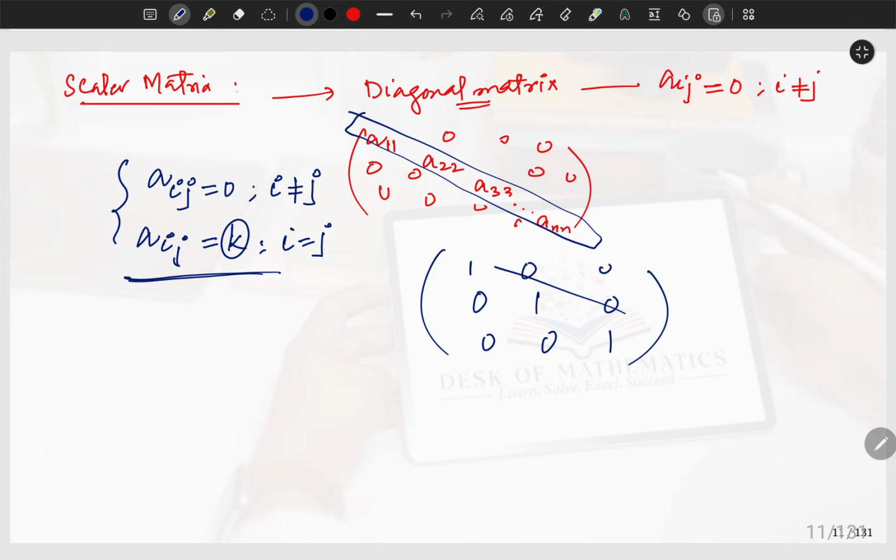You can see this is a diagonal matrix, and all the diagonal elements are equal.